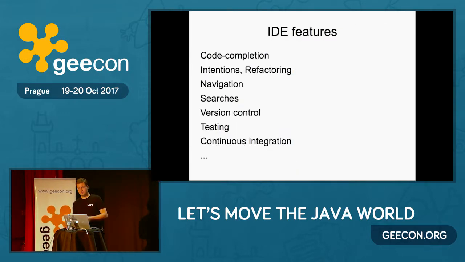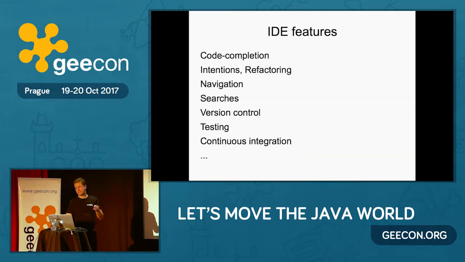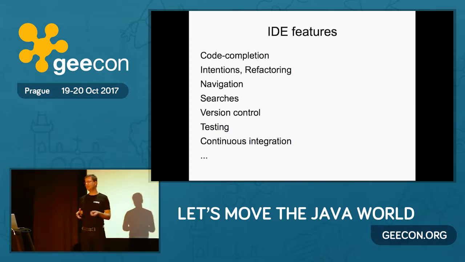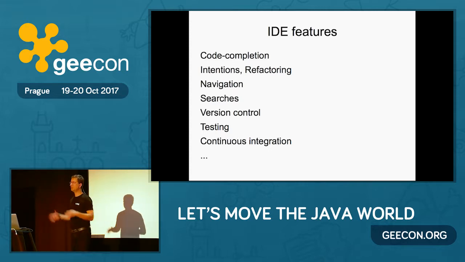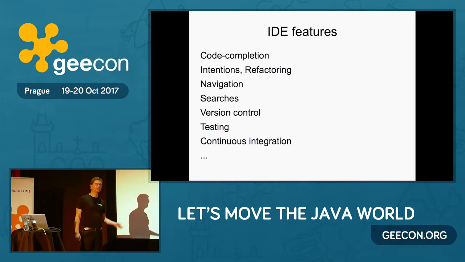So not only do you get the IDE, not only do you get that language that's dedicated to the domain, but you get a tool for using that language. And that tool gives you all the features that you would expect from an IDE, like navigation, code completion, intentions, searches. Also, it gives you version control.